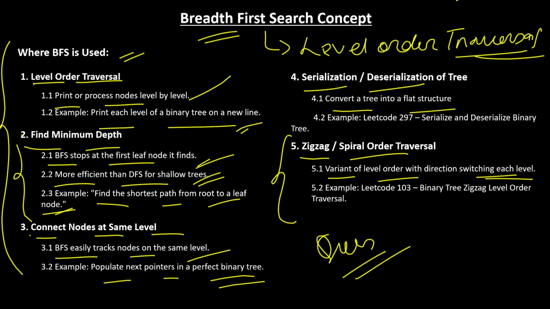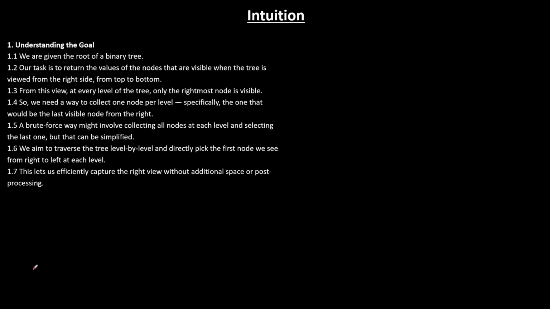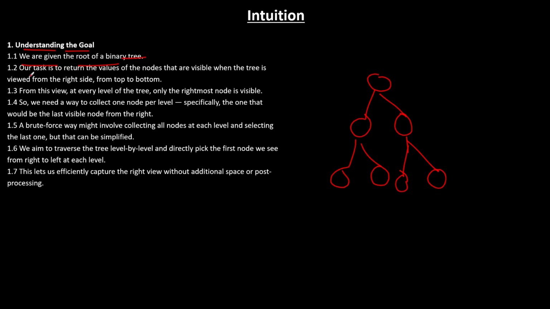Now let's move to the next slide. To understand what the problem is asking, we should build up an intuition for the problem. Okay, let's do that by understanding the goal. We are given the root of a binary tree. Let me draw a binary tree. Our task is to return the values of the nodes that are visible when the tree is viewed from the right-hand side, from top to bottom.